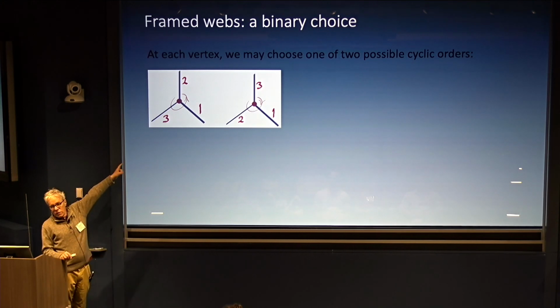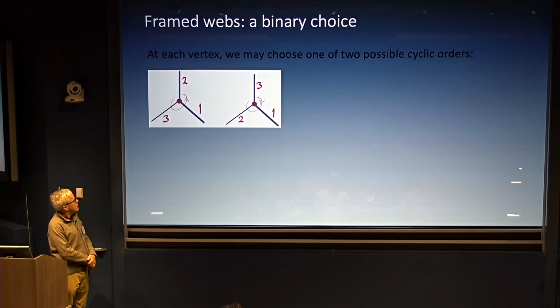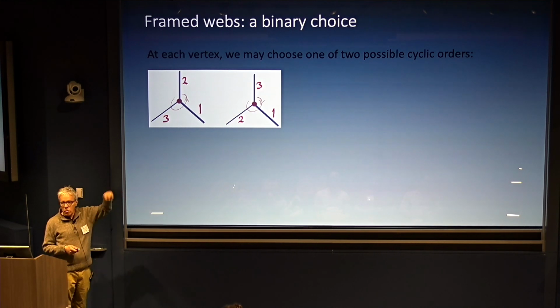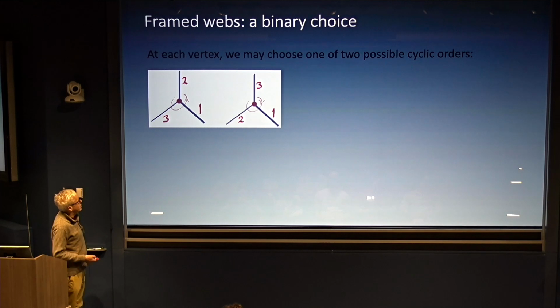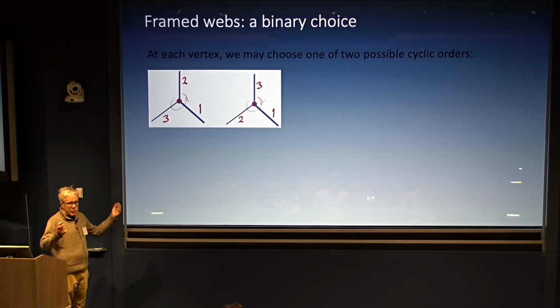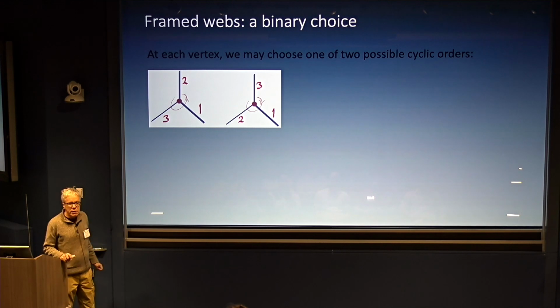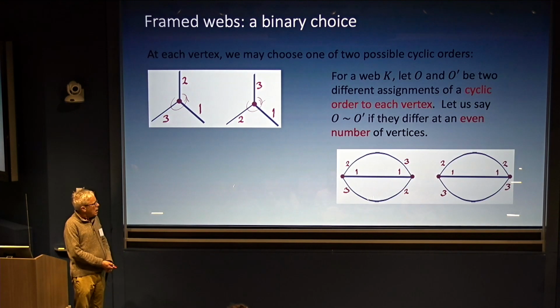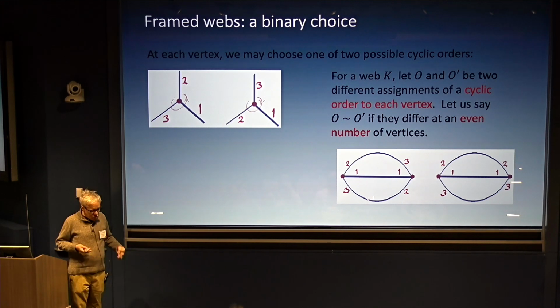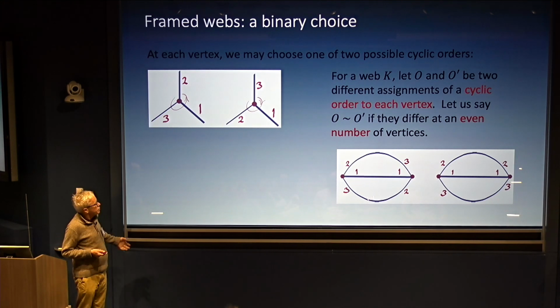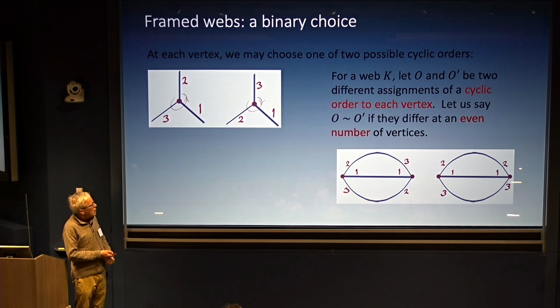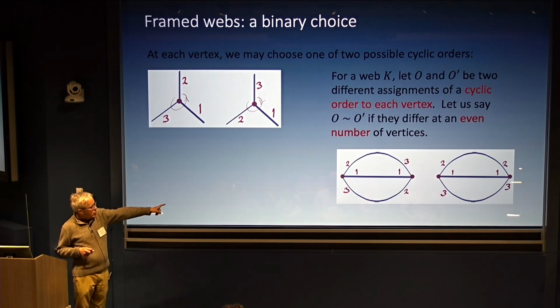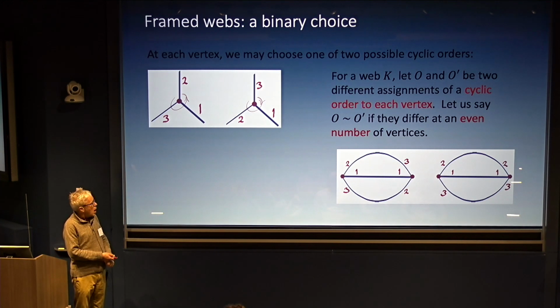So at a vertex where there are 3 edges coming in, that's these trivalent graphs, there's 2 possible cyclic orderings, clockwise or anti-clockwise, as it were, 1, 2, 3 or 1, 3, 2. So if there are n vertices, there's 2 to the n different ways to cyclically order each vertex. I want to think of that choice of cyclic orderings as a sort of framing, but I only want to keep track of it up to overall sign.